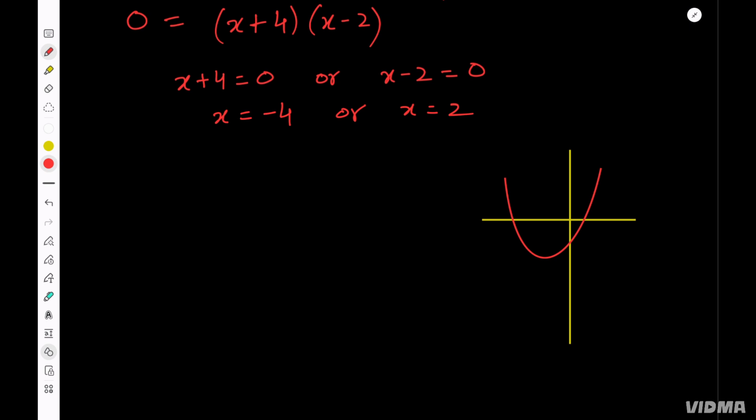So this would be (minus 4, 0) and this is (2, 0), because we know that on the x-axis our y coordinate is 0. So first of all you have to find the x-intercepts. The second step would be to find the y-intercept.